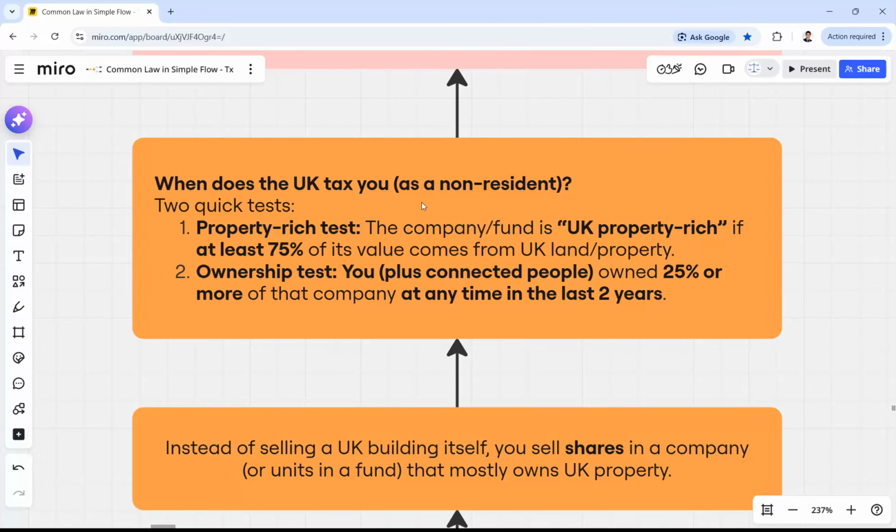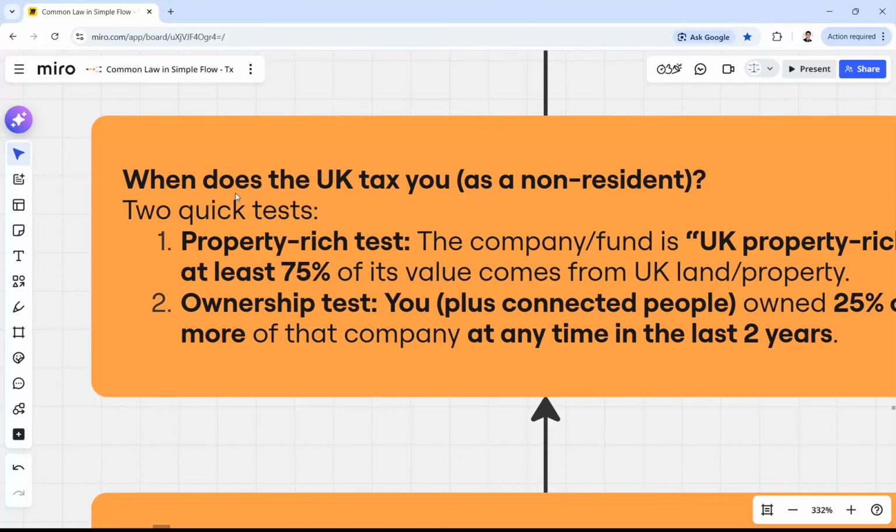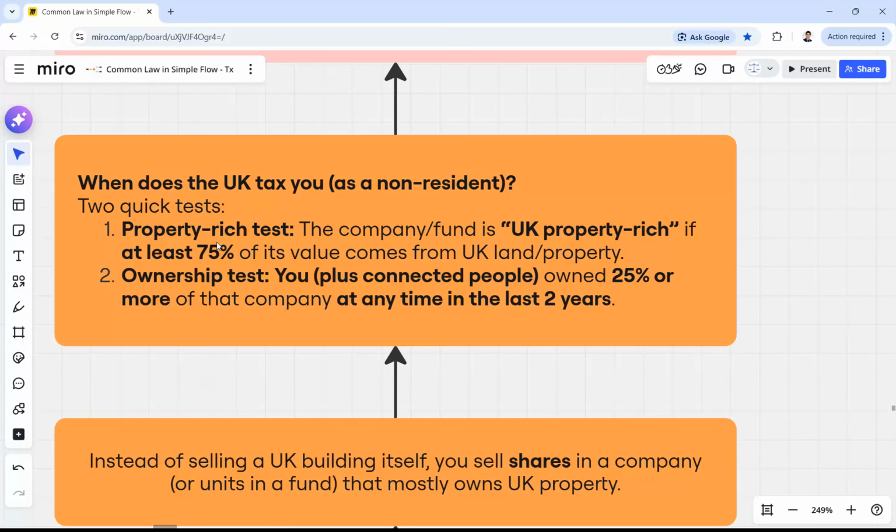And we have already seen this in some other flows because it's a duplicate. So as a non-resident, you are taxed by the UK in case of the property rich test: the company or fund is UK property rich if at least 75% of its value comes from UK land and property.